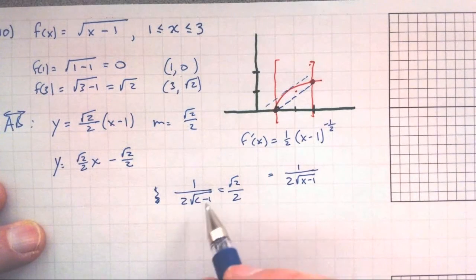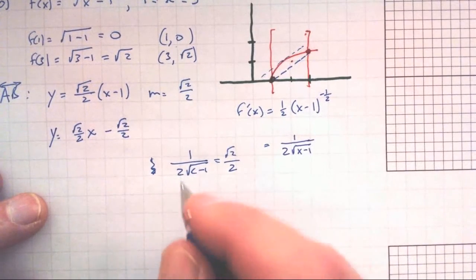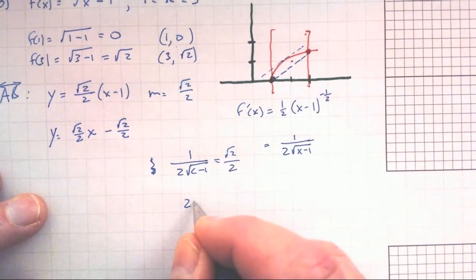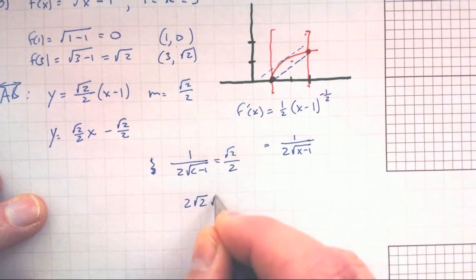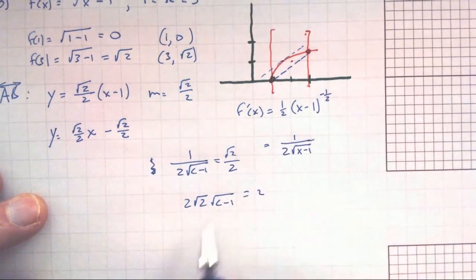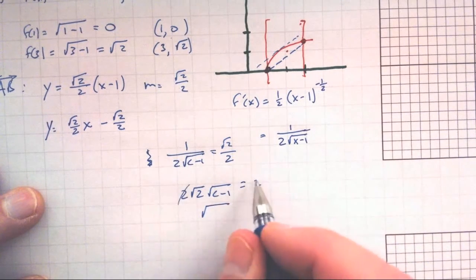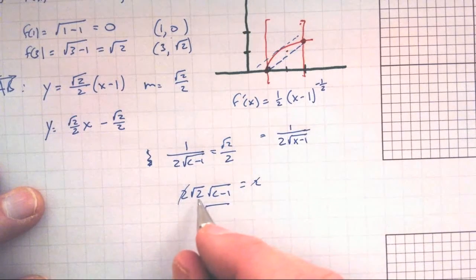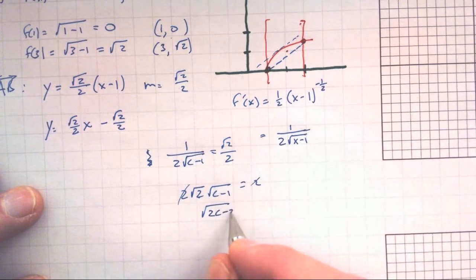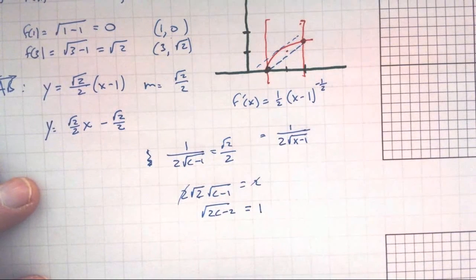So I'll go ahead and cross multiply, no big deal. I get 2 times root 2 times root c minus 1, a little ugly, equals 2. Divide both sides by 2, and the 2's cancel, and I can combine this 2 in here: square root of 2c minus 2 equals 1.